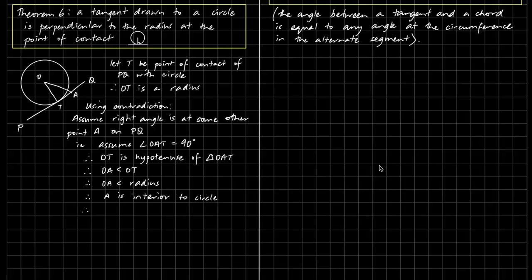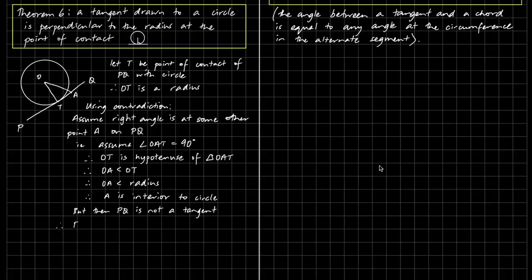But that would mean PQ is not a tangent, because a tangent doesn't actually cross into a circle. So therefore PQ is not a tangent. So if PQ was touching a point inside the circle, then it would no longer be a tangent.